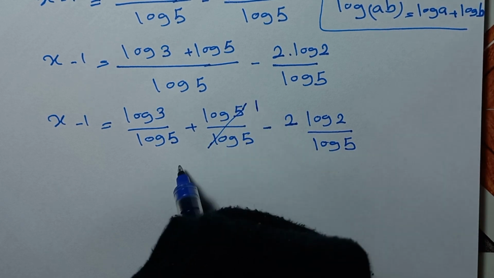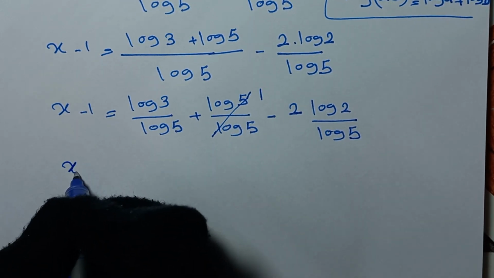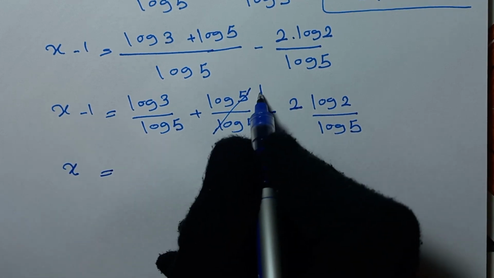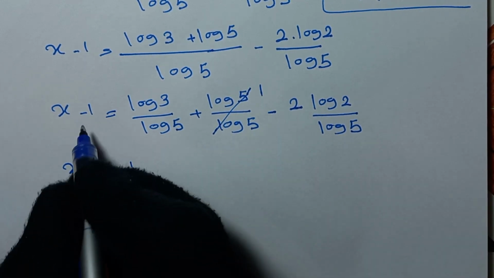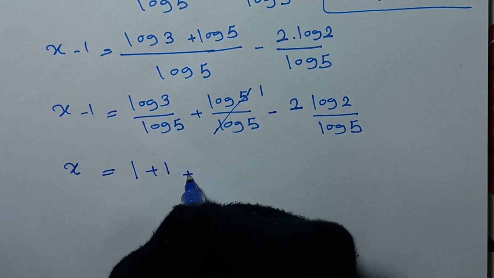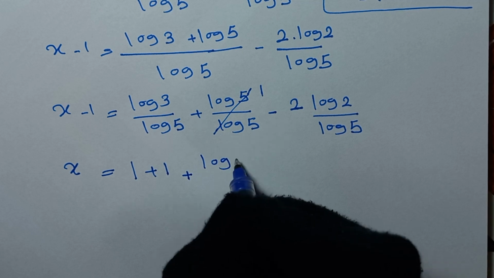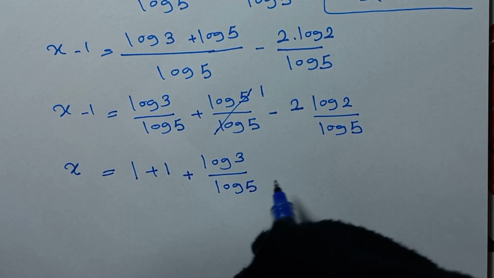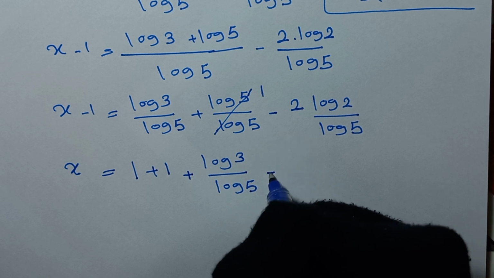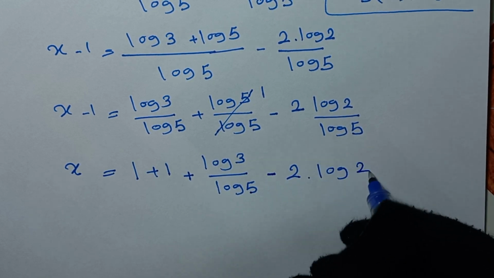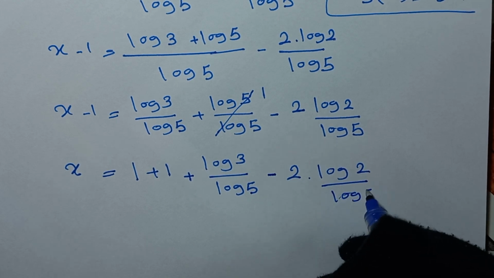So we take this negative 1 to this side, so x is equal to, here we have 1, and this negative 1 goes to this side and becomes positive 1, plus log 3 over log 5, and minus 2 times log 2 over log 5.